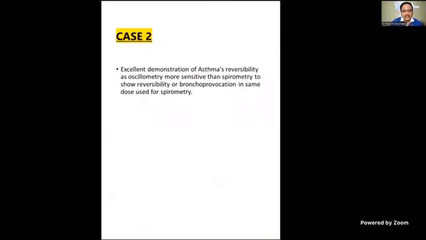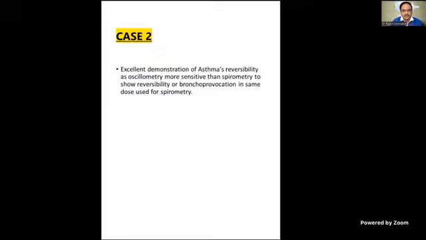Another case, this is an excellent demonstration of asthma's reversibility, as we know that oscillometry is more sensitive than spirometry to show reversibility or even bronchoprovocation at the same dose which is used for spirometry. So this case illustrates that there is obstruction.